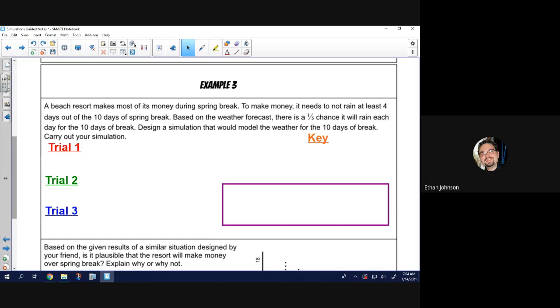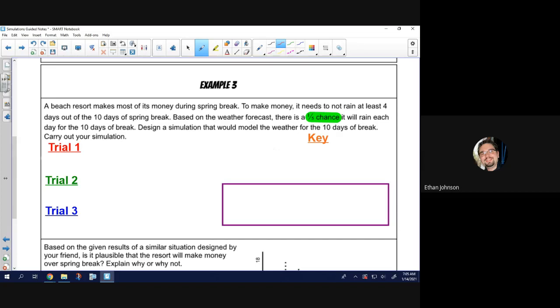Now, here's the deal with this problem. It says that there's a 1 out of 5 chance that it will rain. So to determine the numbers that we are going to have to use for our key, a fifth of them has to be rain days. If we think about it, we have numbers 0 through 9.